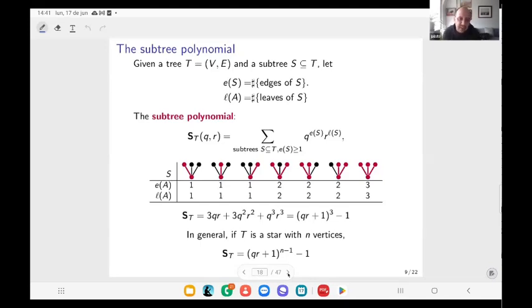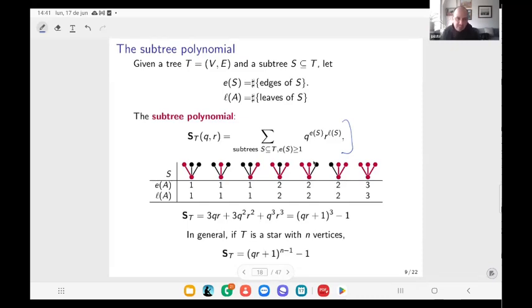This is typically done in a generating function. I'm just using two variables, q to enumerate the number of edges and r to enumerate the number of leaves. And so this polynomial is counting how many subtrees we have.